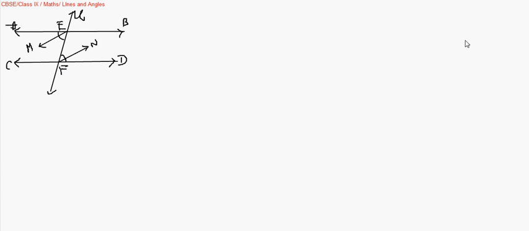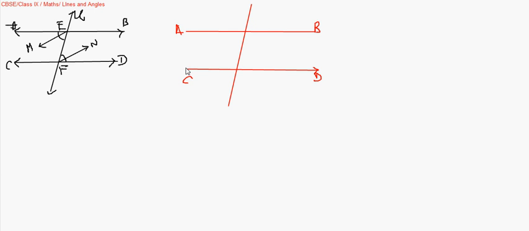The same will be applied when we draw parallel lines and a transversal and the bisectors of corresponding angles. I keep the same names as I did for the previous one. This is E, this point of intersection is F. We'll be drawing the bisectors of corresponding angles.